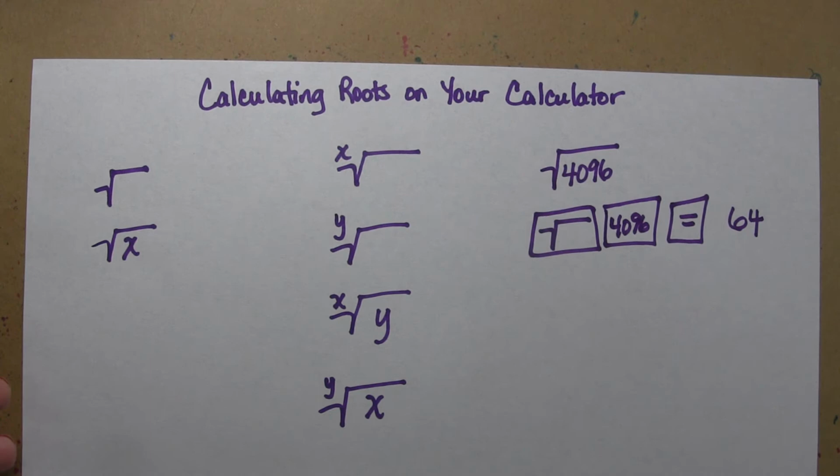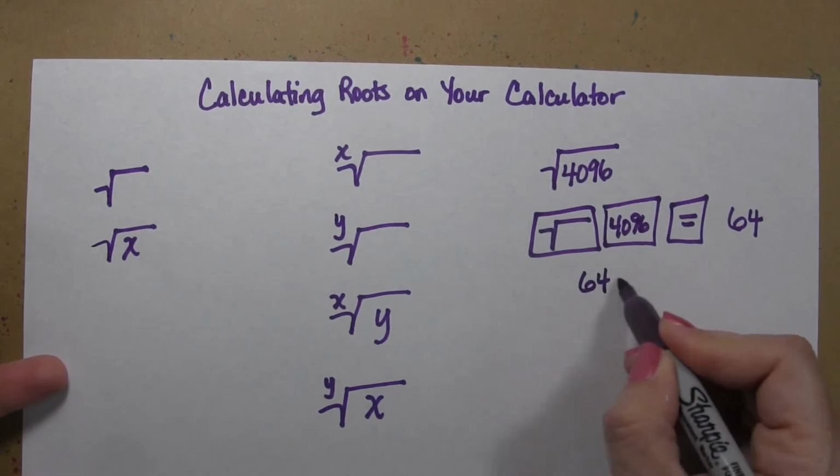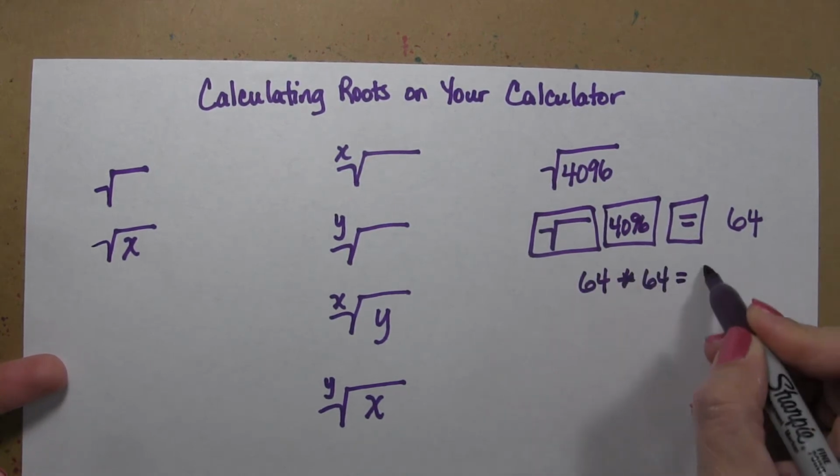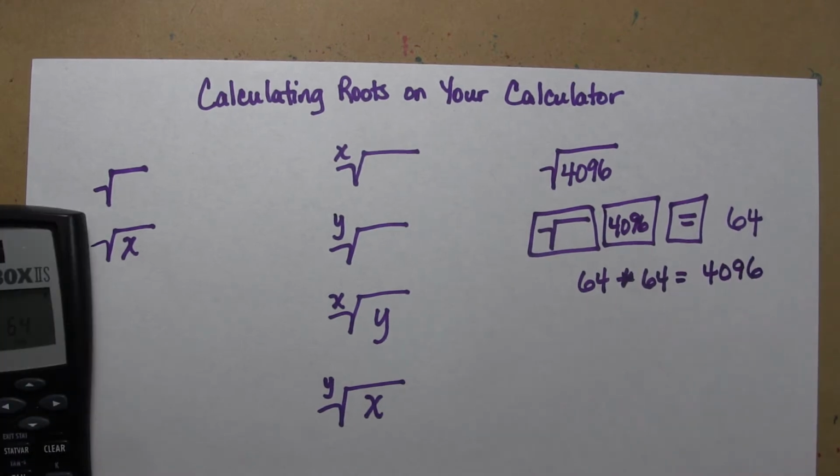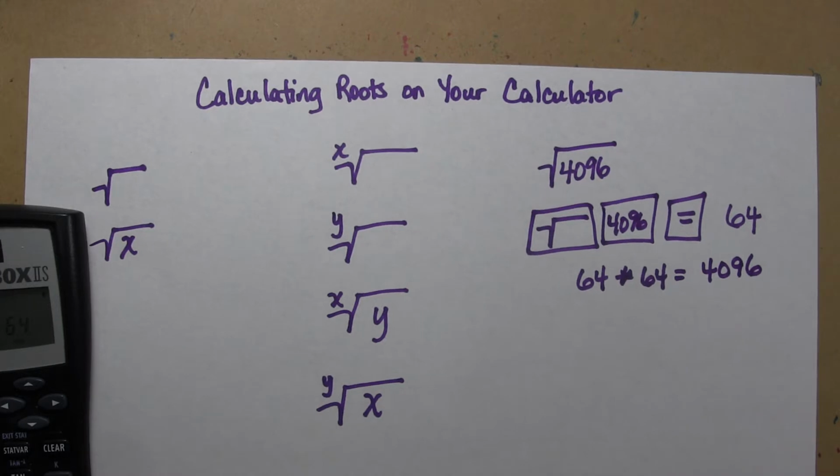And so that would be perfect. And that means that 64 times 64 equals 4096. And we are all happy as clams because we believe that to be true. So we don't have to panic.